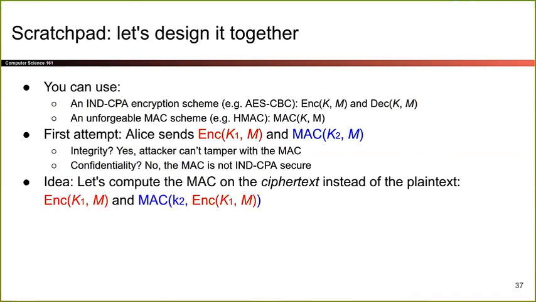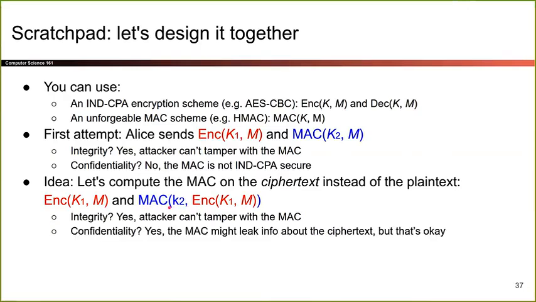Well, one kind of clever idea I can use to fix this is, let's not MAC the plaintext. This MAC will leak information about M, whatever M is. So instead of MACing the plaintext, how about let's MAC the ciphertext? Well, now, again, I still have integrity because the attacker can't tamper with the MAC. That's good. I also have confidentiality this time. Why? Because, okay, true, the MAC could leak information about whatever you MACed.